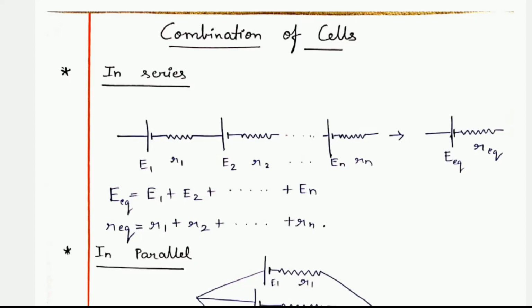So the E equivalent will be E1 plus E2 plus ... till En. If you add all the EMFs, you get the net EMF, and if you add all the resistances, you get the net resistance, which gives you the resultant cell of this series combination.